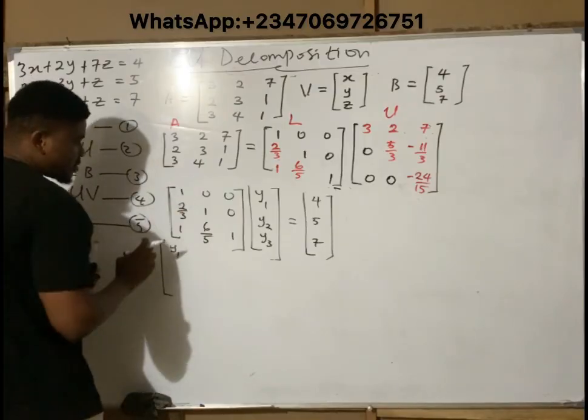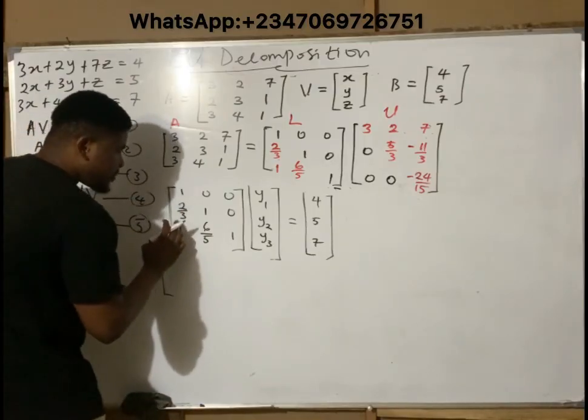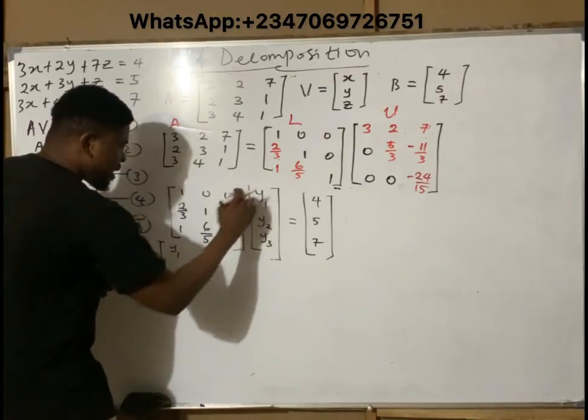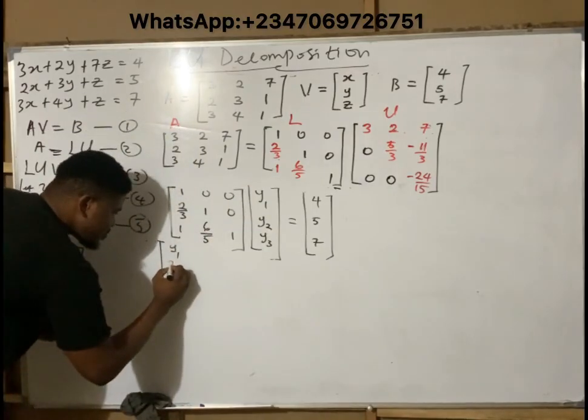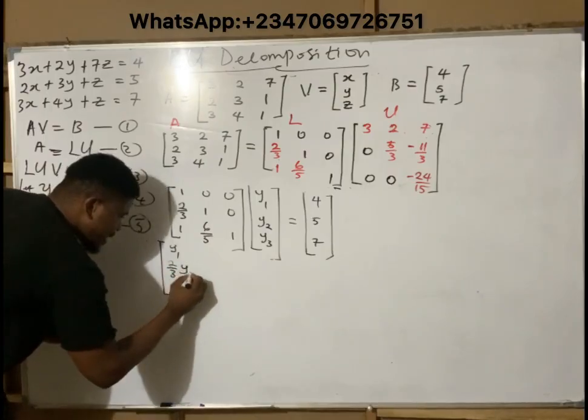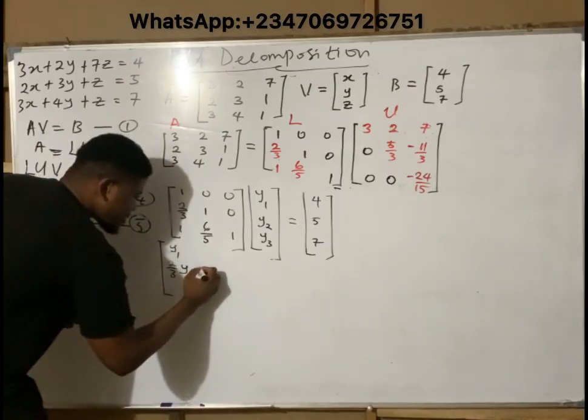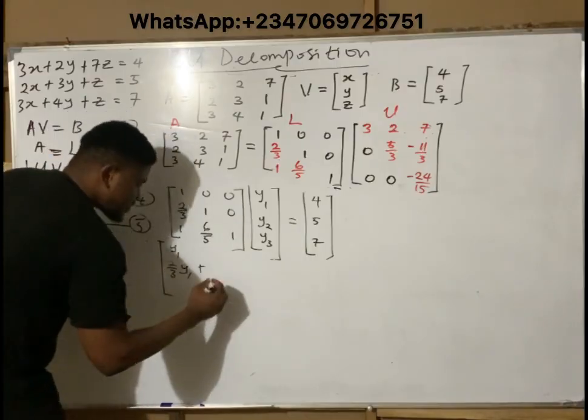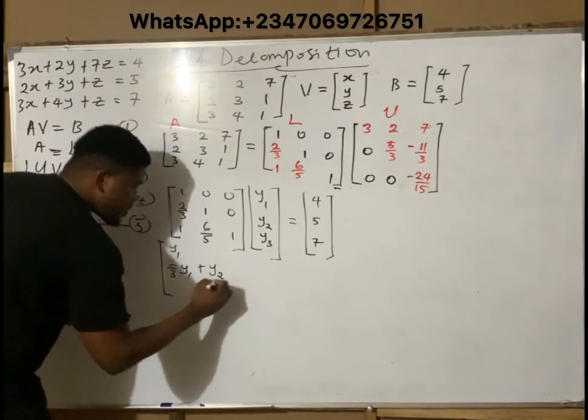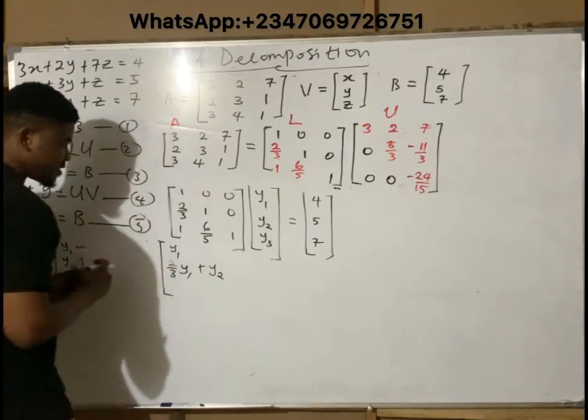We move now to the second row. 2 over 3 multiplied by y1 gives us 2 over 3 y1, plus 1 times y2, which gives us y2, plus 0 times y3, which is 0.